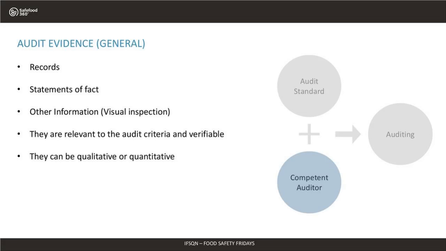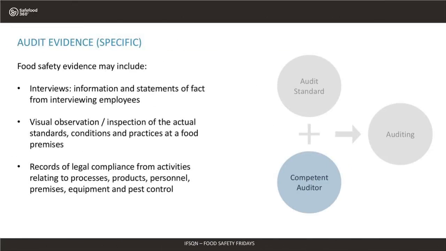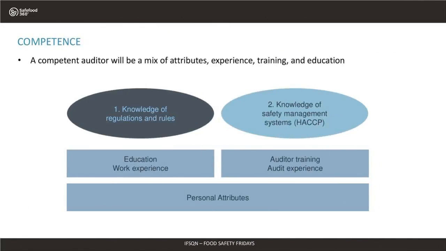Needless to say, if you're doing a third-party audit on a food business for the full requirements of the BRC standard, you will need a certain level of competence. If you're doing daily hygiene audits on a production line, perhaps a different set of skills is required. So on the screen here, guys, I've pulled together all those elements.